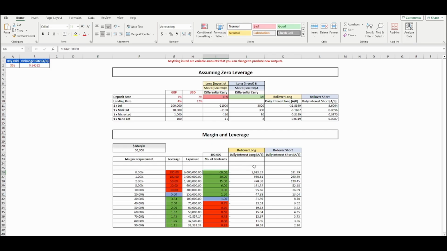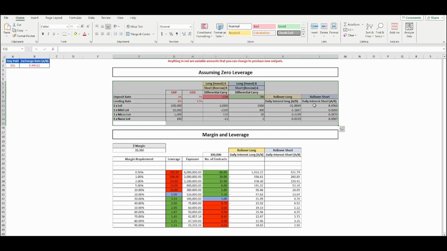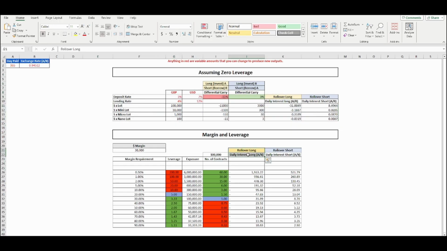Now, this is still following the exact same example above, but your daily rollover rate, if you were to go long on GBP USD, you would be paying out 1,913 units in currency.